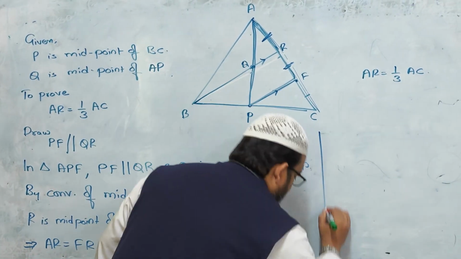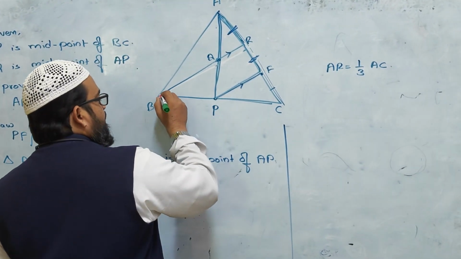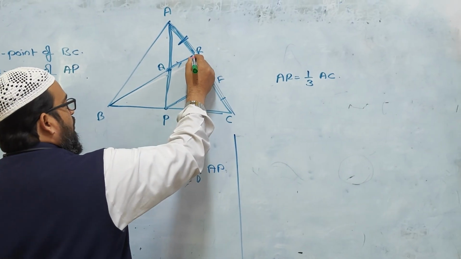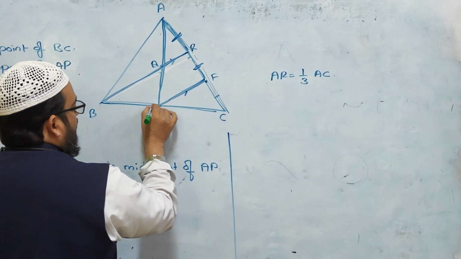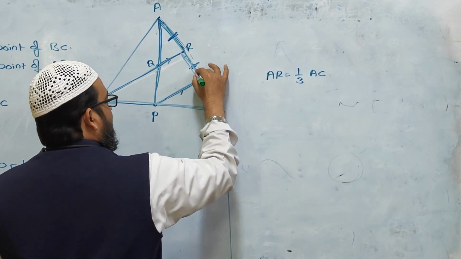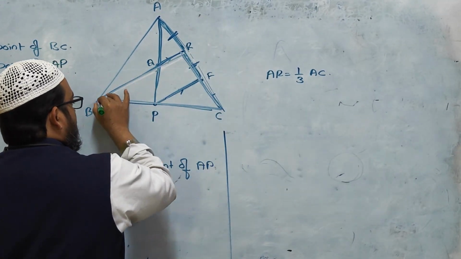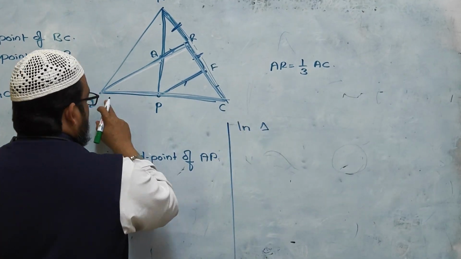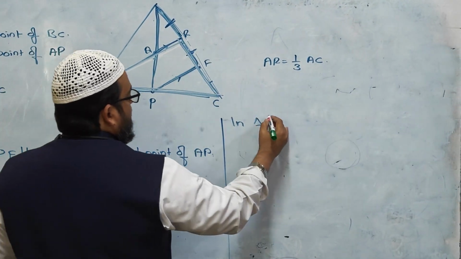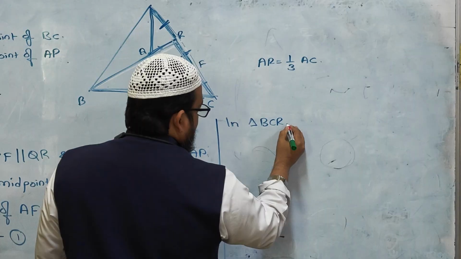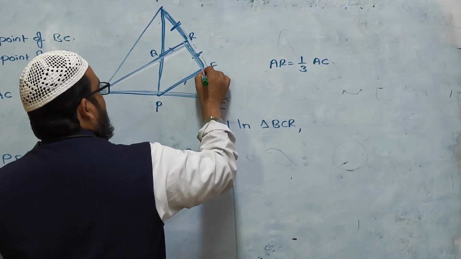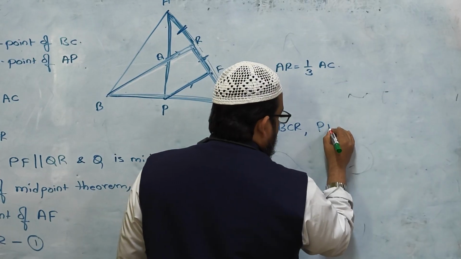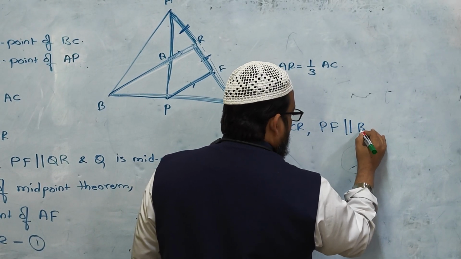Now check the other one. See, these two are parallel, right? So what is the triangle formed over here? Is a triangle formed? Yes. What is this triangle? In triangle BCR, PF is parallel to BR.